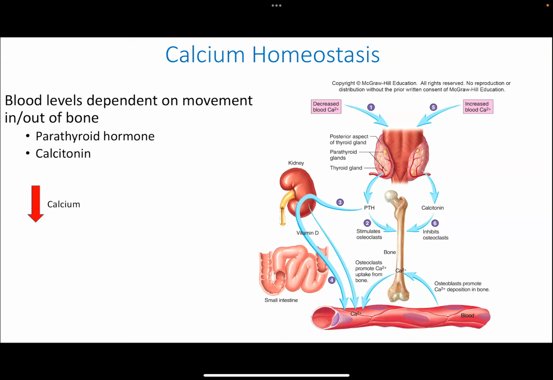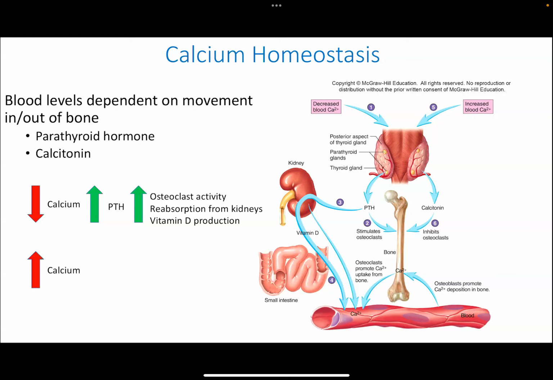So if you have a decrease in calcium levels in the blood, then you get a release of PTH or parathyroid hormone, which through 4 different mechanisms can increase calcium levels by increasing osteoclast activity, increase the reabsorption of calcium from the kidneys, increase vitamin D production, and so then through calcitriol can raise blood calcium levels.